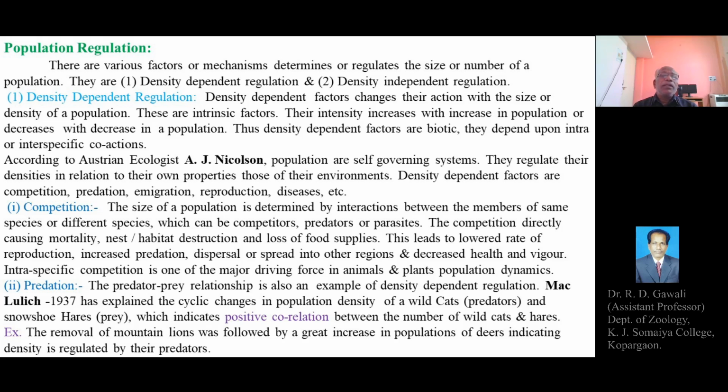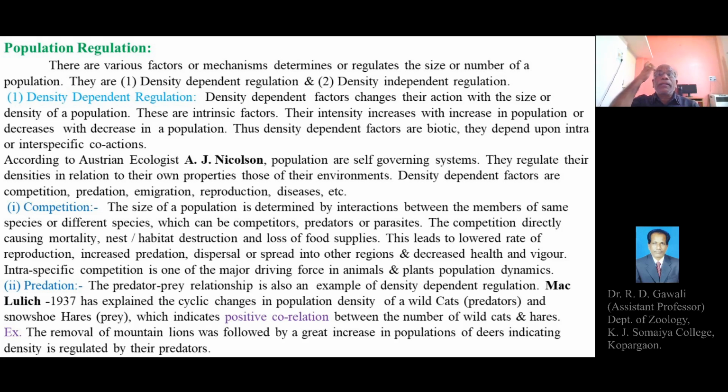First one is density dependent regulation and second is density independent regulation. Now we'll explain these two types of population regulation one by one. So first we'll explain density dependent regulation.